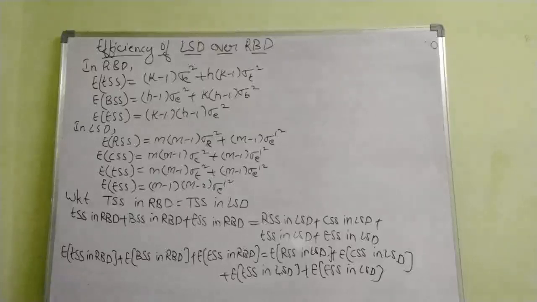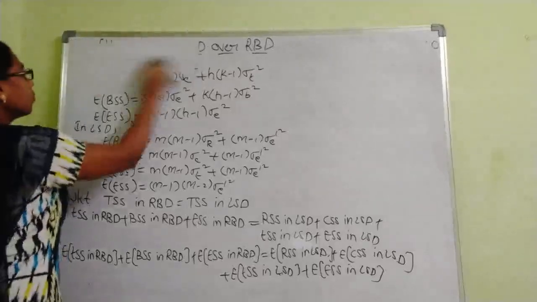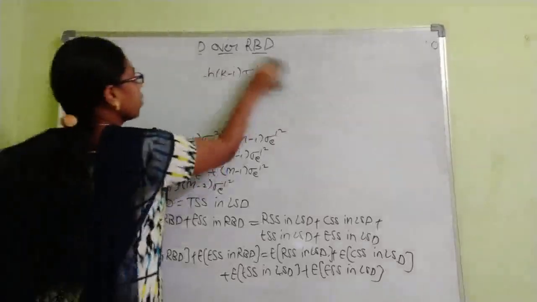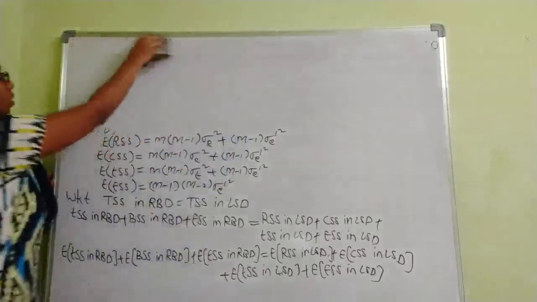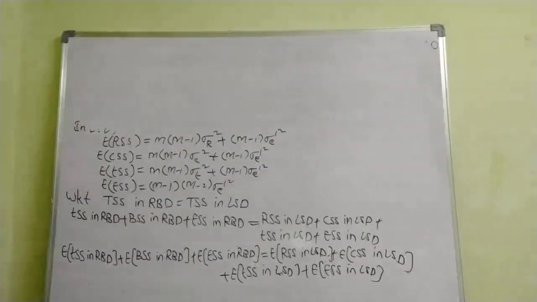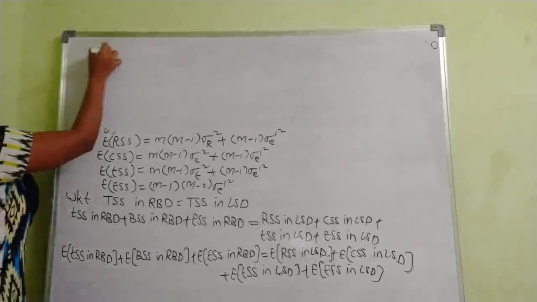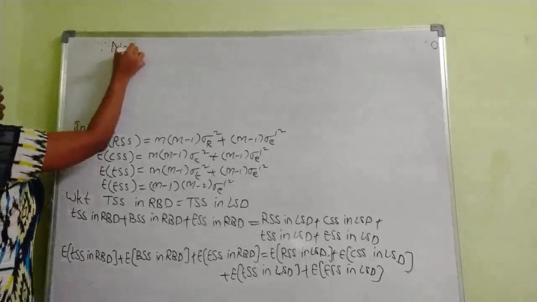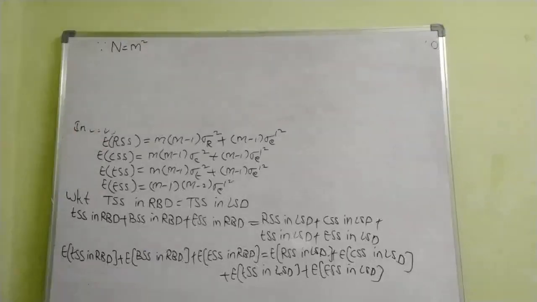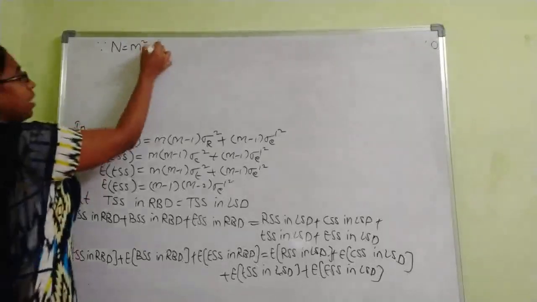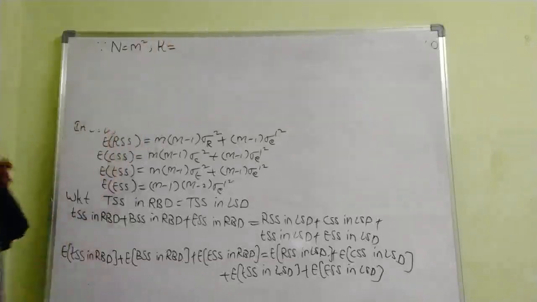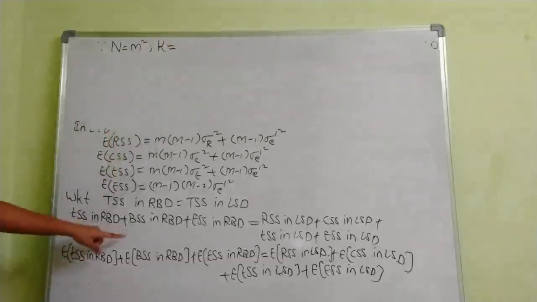So note down these values. Before that, what is n? Since n equals m square, in LSD n is m square. We have k equal to the number of treatments in RBD.